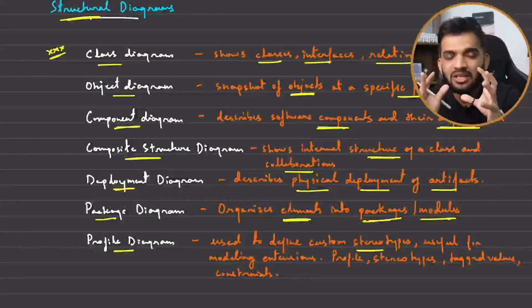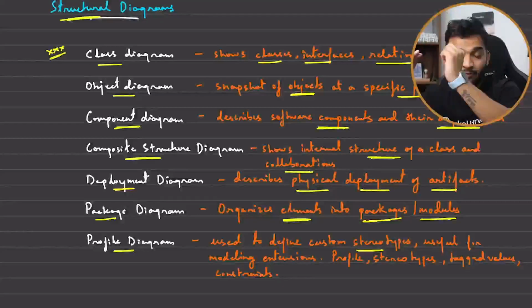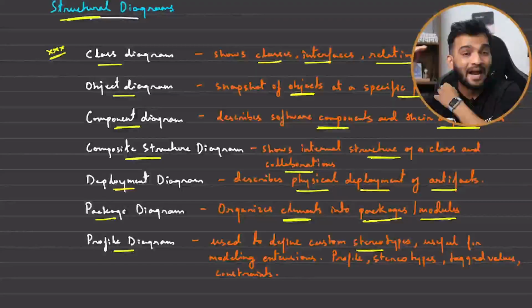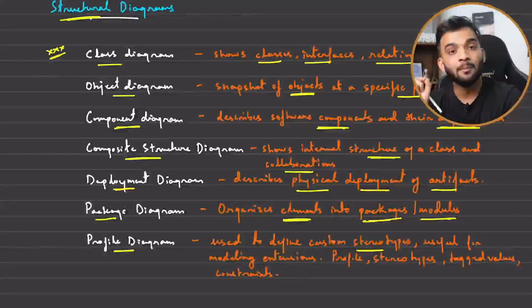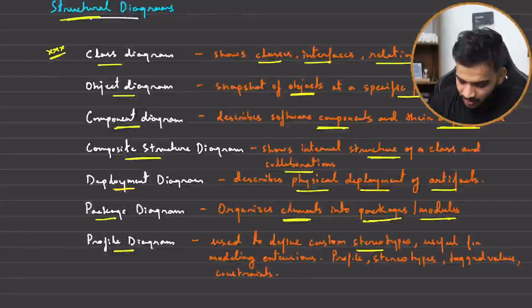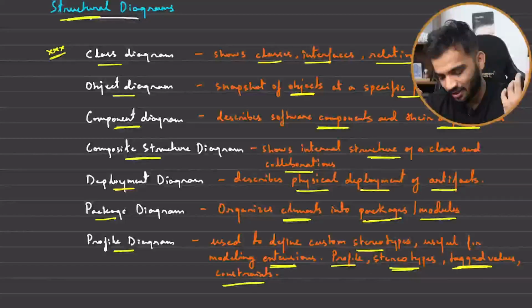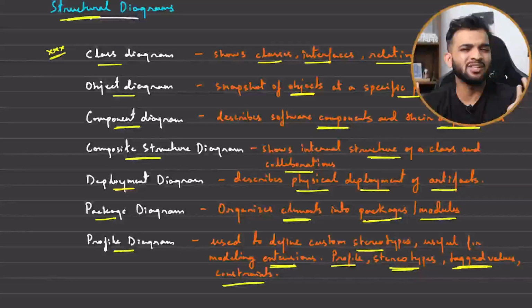So there are certain keywords that we give to certain kinds of classes. So if you're going to define your design on that level, that is when you will be following the profile diagram. Used to define custom stereotypes, useful for modeling extensions, profile, stereotypes, tagged values, and constraints. So again, it's a definition that you just need to know.